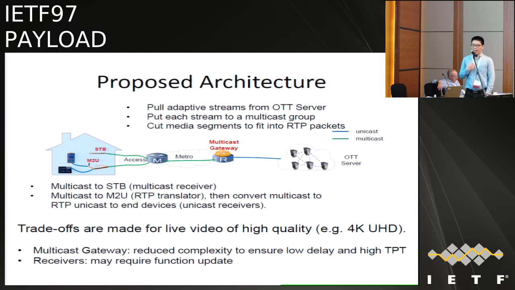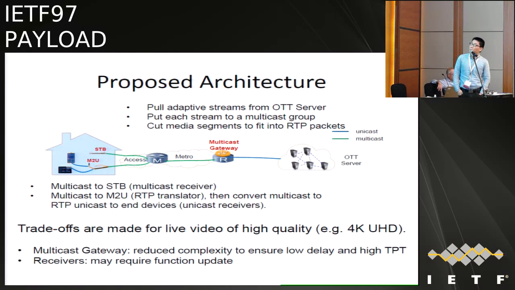So the whole thing about this architecture is where we think the trade-offs are made. We believe that video that is live and of high quality will bring more profit to the operators. So the whole trade-offs are made for live video of high quality, for example, in 4K ultra high definition.